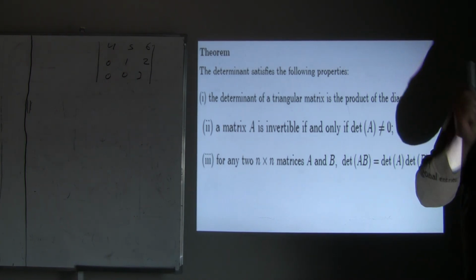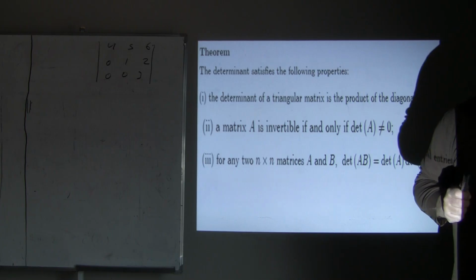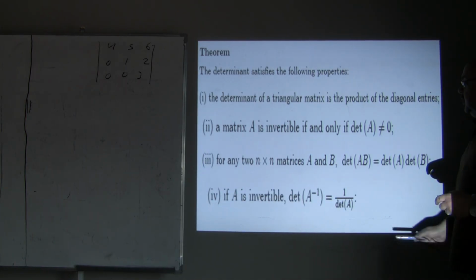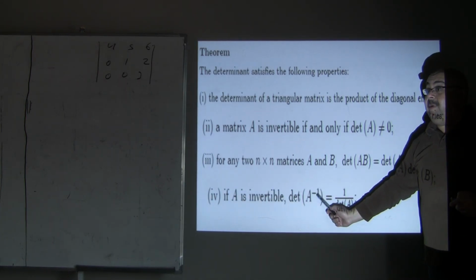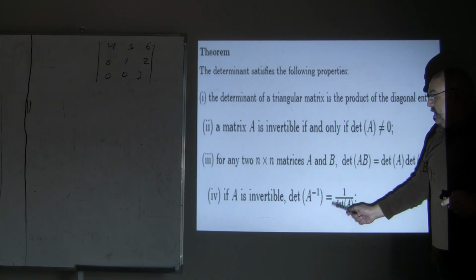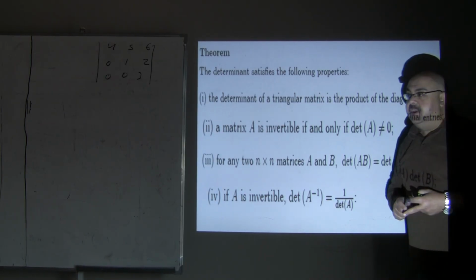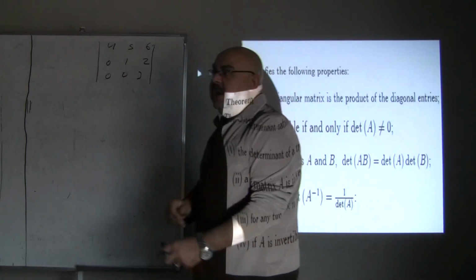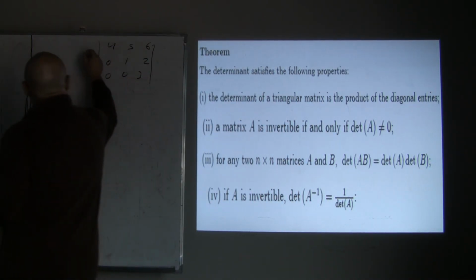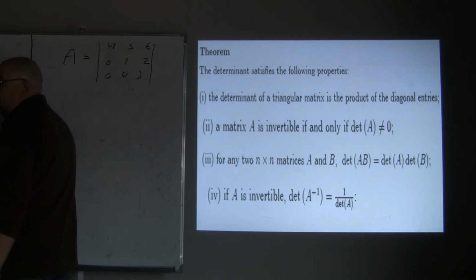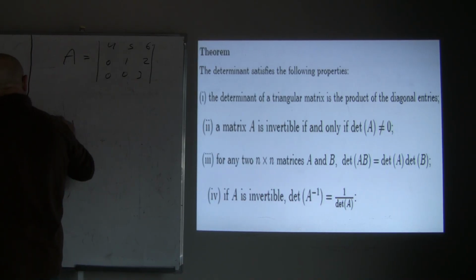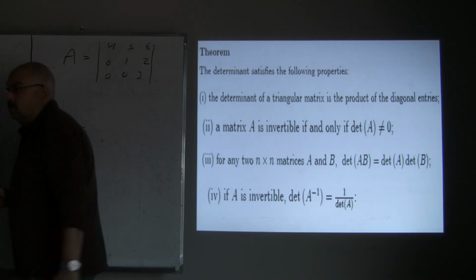Once more, those are really very important remarks. Number 5, the determinant of the inverse of a matrix, A minus 1, is equal to 1 over the determinant of A. So if I have a matrix like this, and let's say this matrix is called A, and I want to get the determinant of A minus 1, it's very simple.